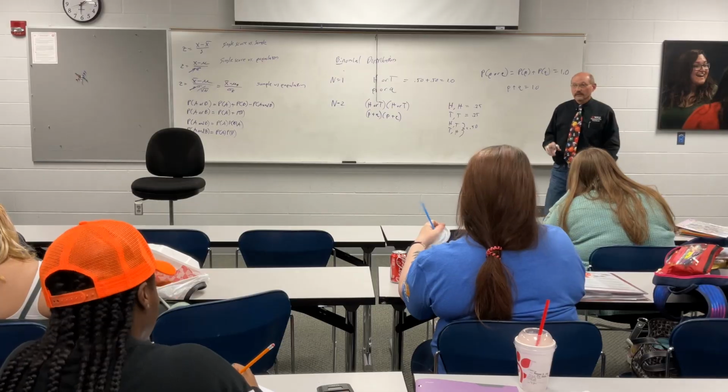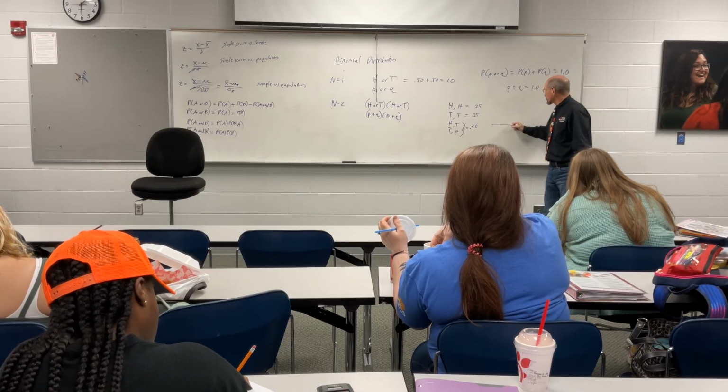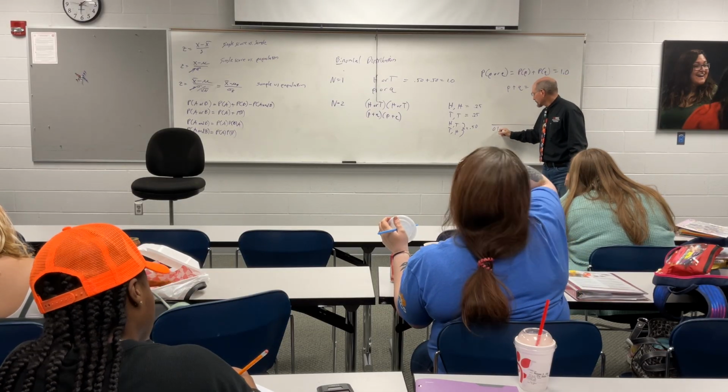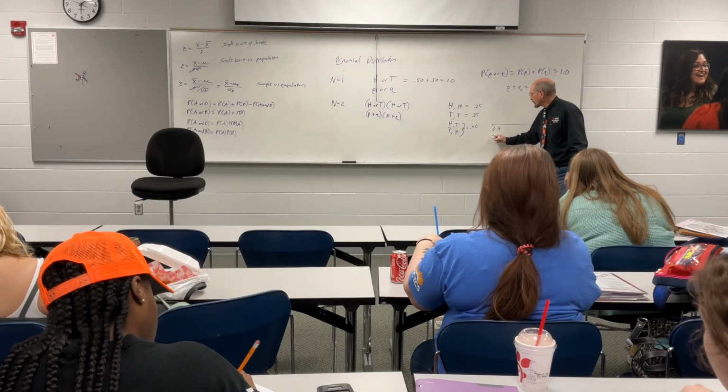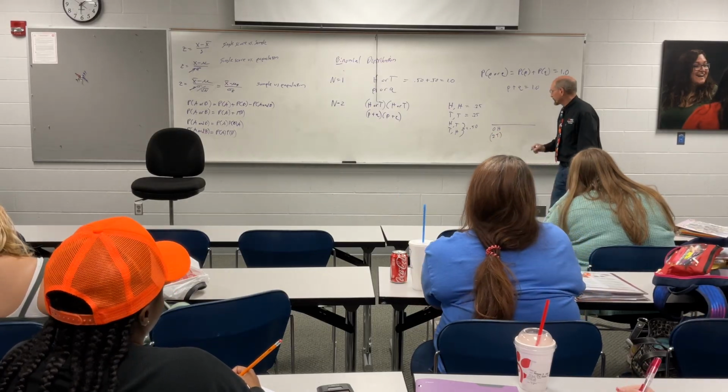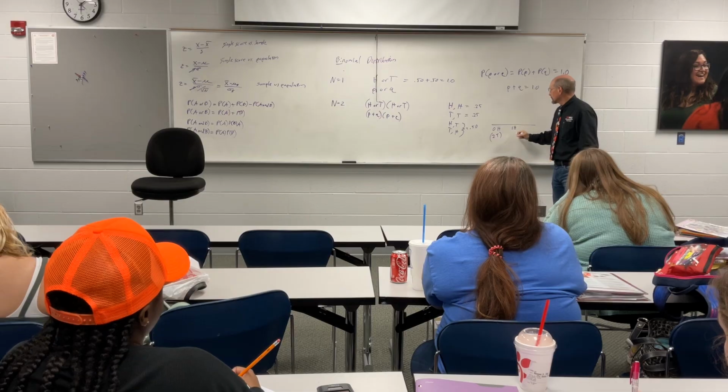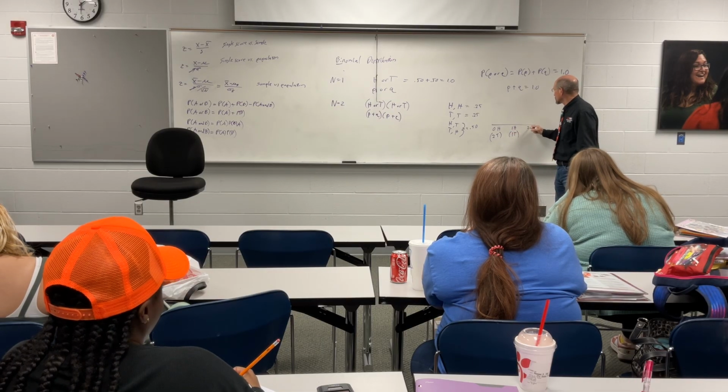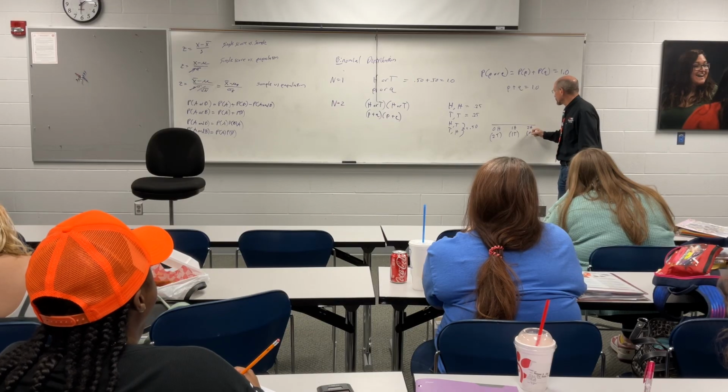If I were to draw that in terms of probability distribution: 0 heads, which is the same thing as 2 tails, or I can have 1 head, which is the same thing as 1 tail, or I can have 2 heads, which is the same thing as 0 tails.